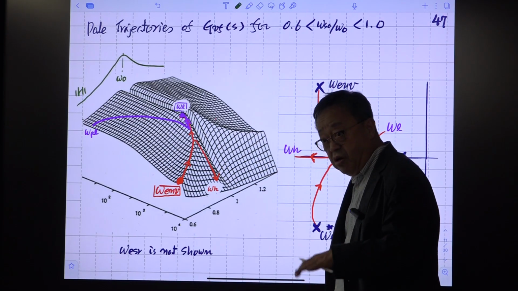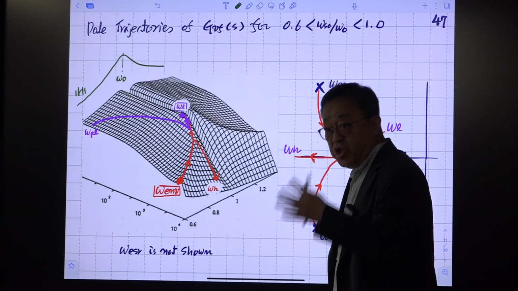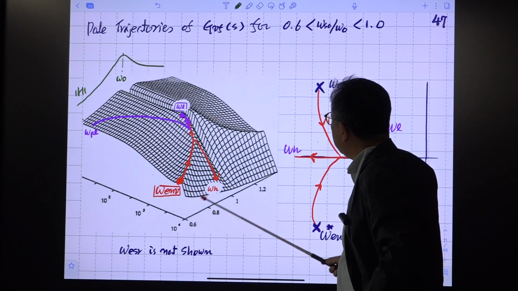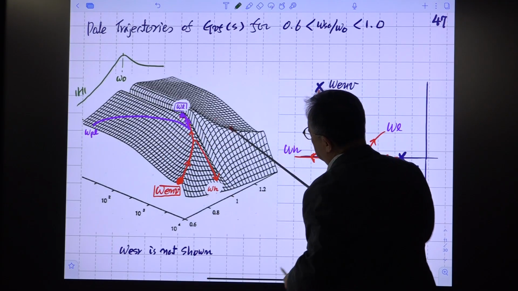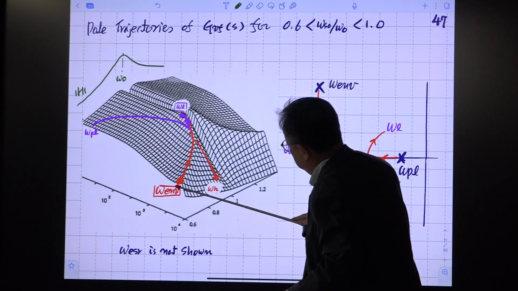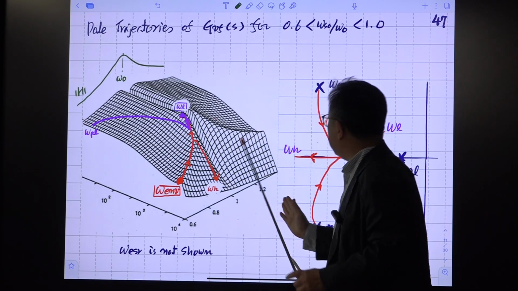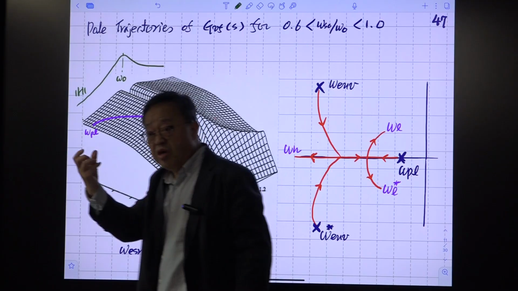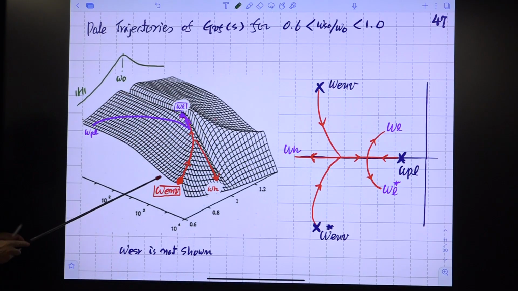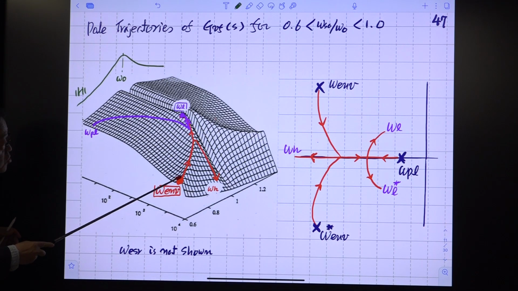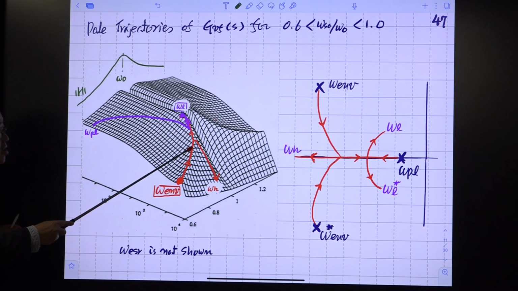That is consistent with our predictions because omega EB is the distance between this frequency and this frequency. As you walk toward this, omega EB will be reduced. So the peaking should be reduced, and the Q factor is also reduced. They are proportional to each other: the value of omega EB and the value of Q are proportional.